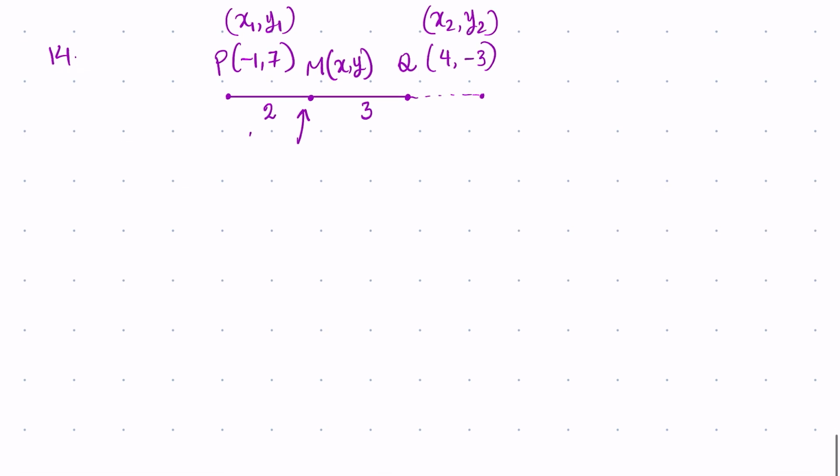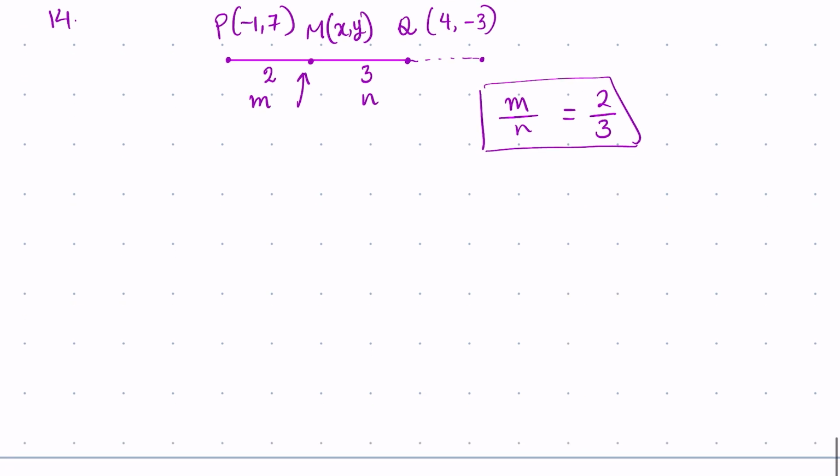So if we denote this part by m and this part by n, the ratio I mean, so m by n is equal to 2/3 really. So this is given to us. We need to find the coordinates, x and y. Okay.